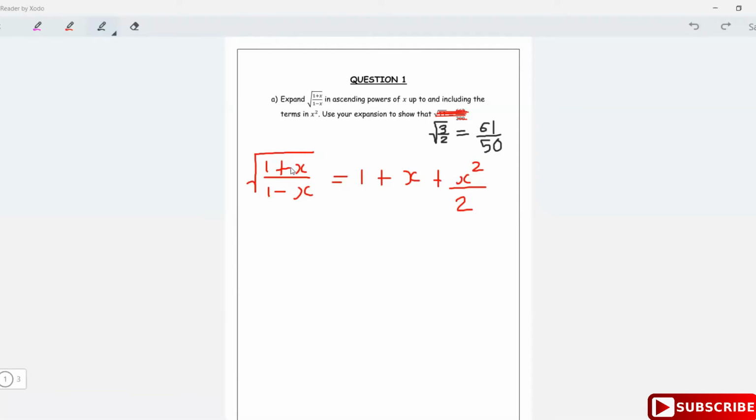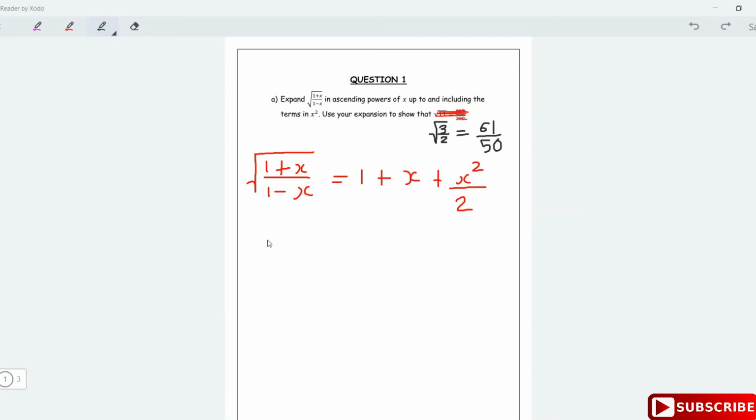What value can I put for x here that will let this simplify to be 3 over 2? A lot of people would equate 1 plus x over 1 minus x to 3 over 2, and solve for x, then put in that value for x. But I have another way.